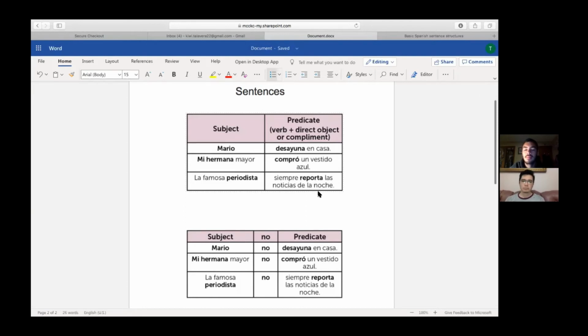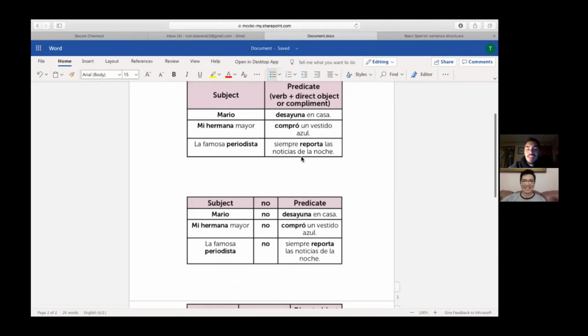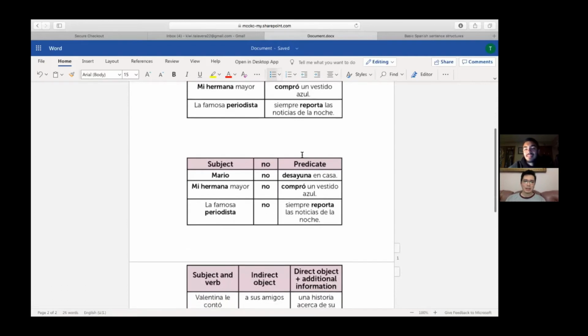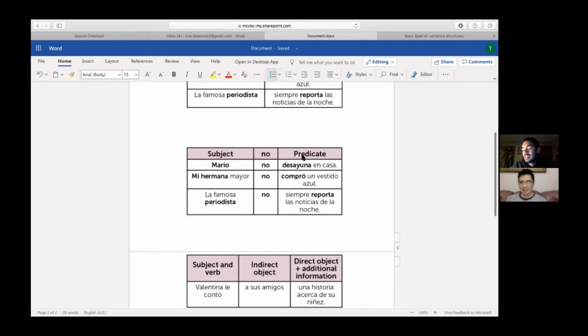This means the famous journalist always reports the news of the night. I guess the evening news, something like that. So yeah, there you go. Maybe Christian can translate it better than I can. I think that's good. Some stuff translates and doesn't sound that good in English, but you know.